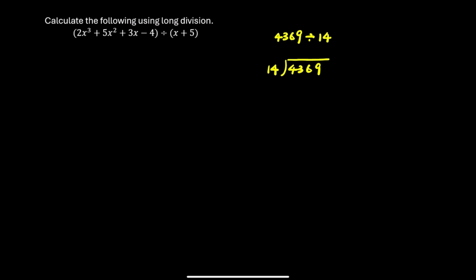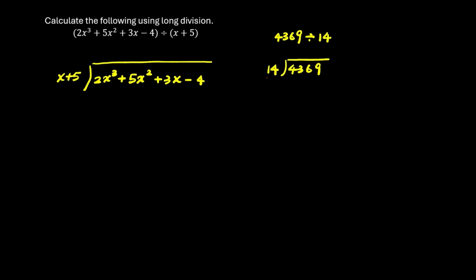So let's follow that exact same structure for our polynomials. So we have 2x cubic plus 5x squared plus 3x minus 4. So this dividend is placed under the division symbol, and the divisor x plus 5 goes over to the left.